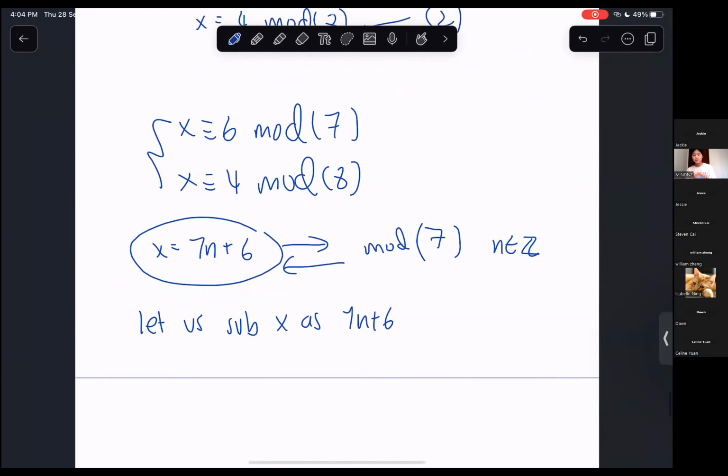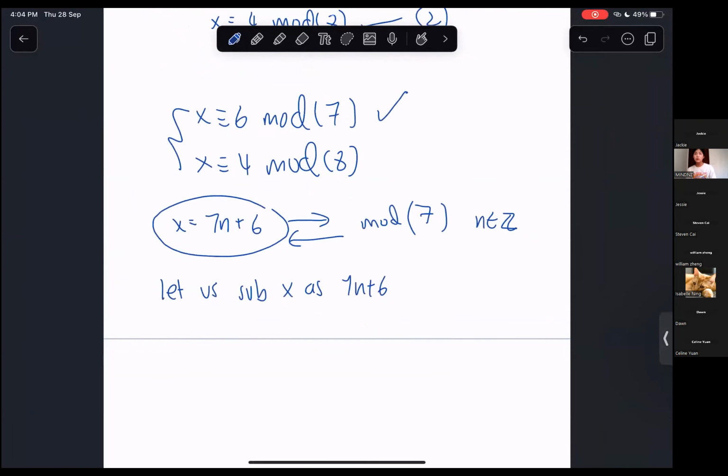Okay, so now this process is basically dealing with the first equation we have. Now we have to deal with the second.